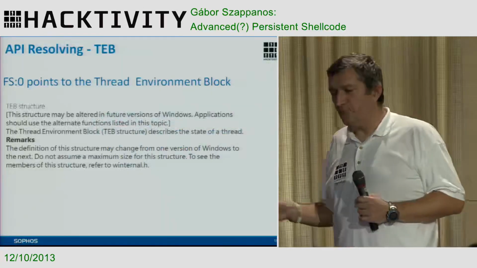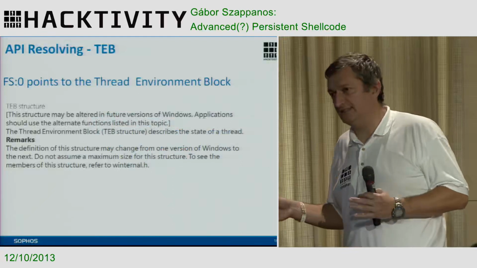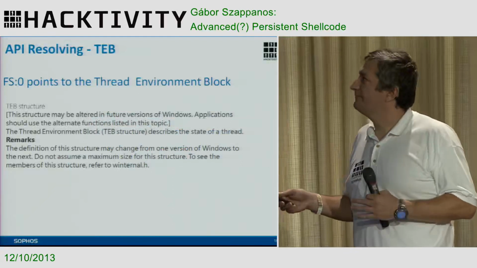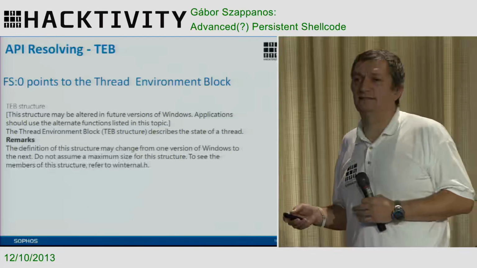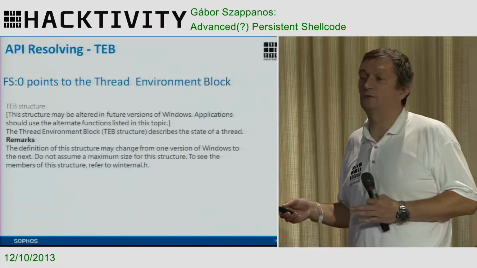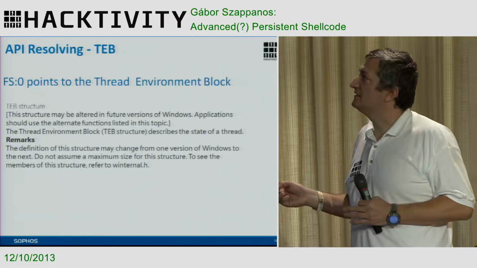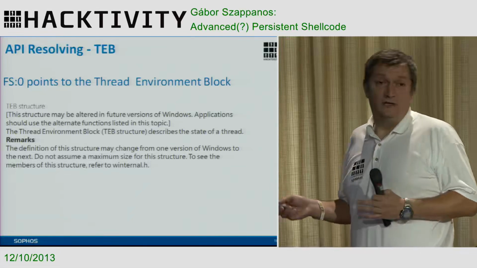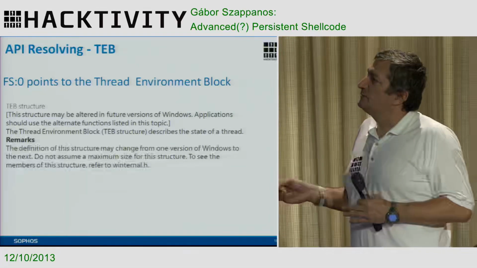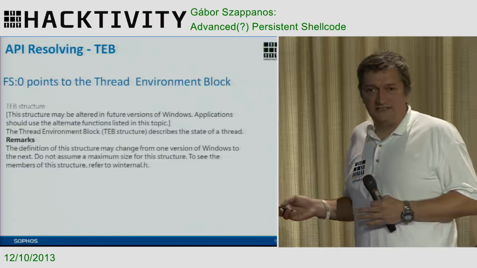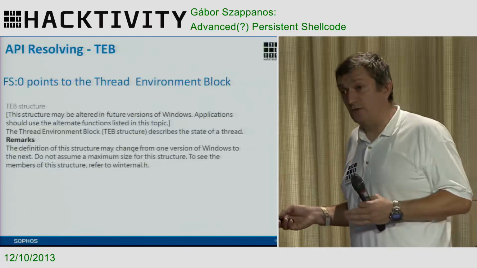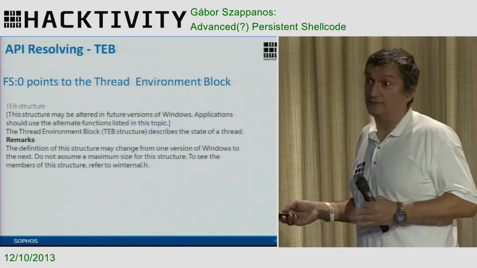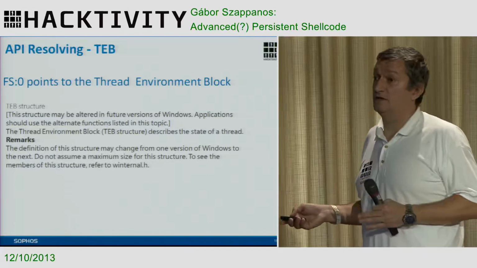So, every process and thread has some global information structures, say the thread environment block. It is pointed to by the FS selector register, so it is available also for the shellcode since it's running in the WinWord process space somewhere.